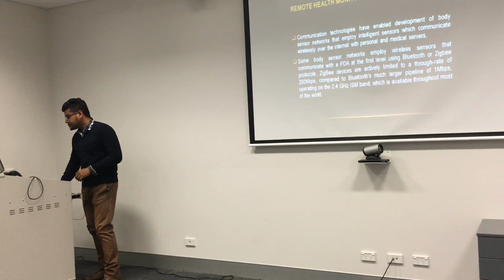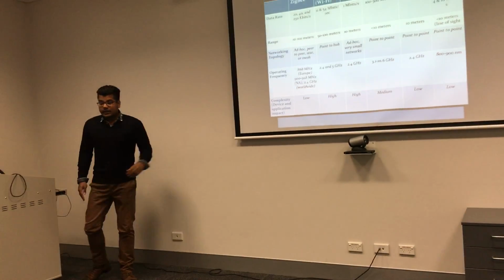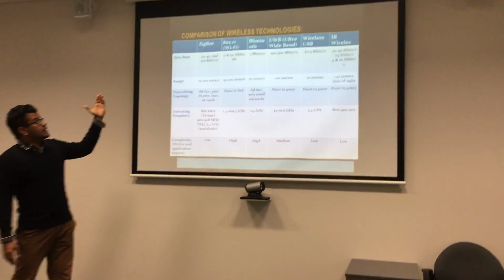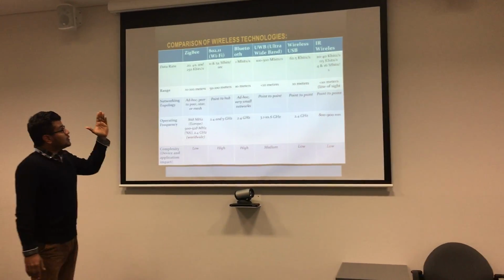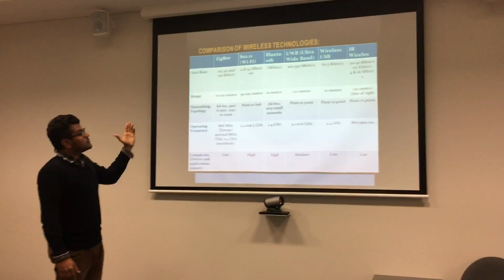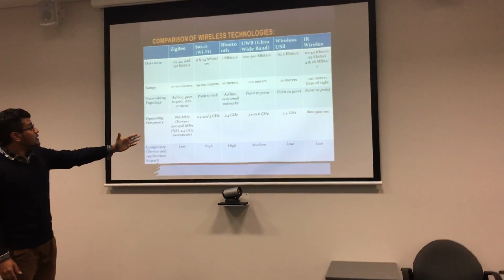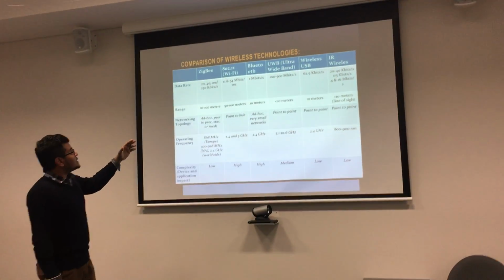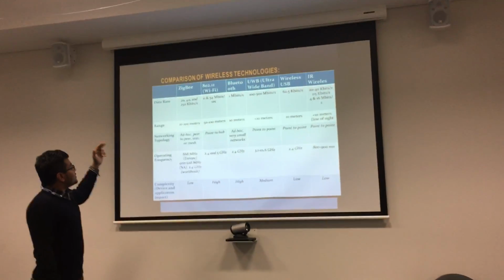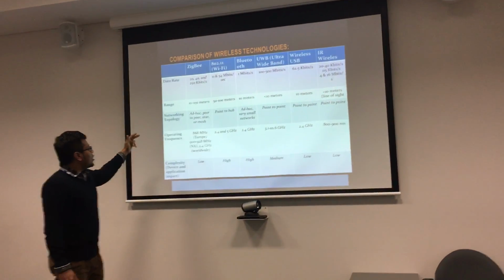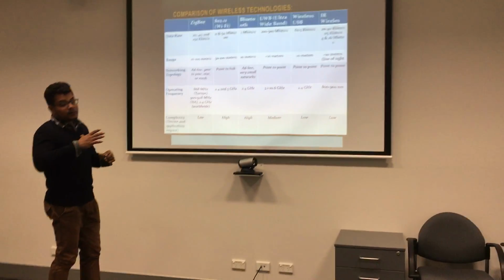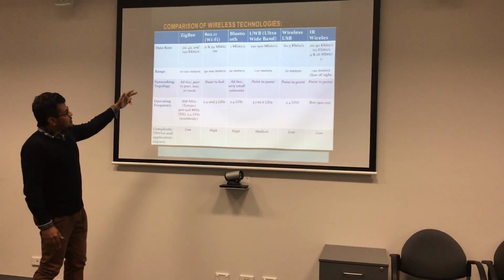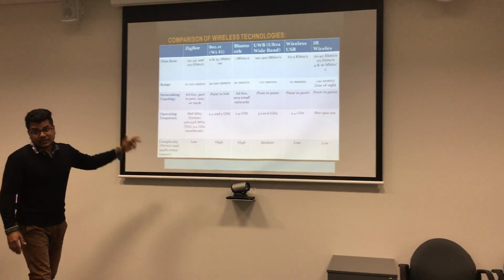Let's move on. Here I have a comparison of wireless technologies. There are lots of wireless technologies, six of them here, and if you compare data rate, range, network topology, operating frequency, and complexity, ZigBee is the best protocol for this kind of system.